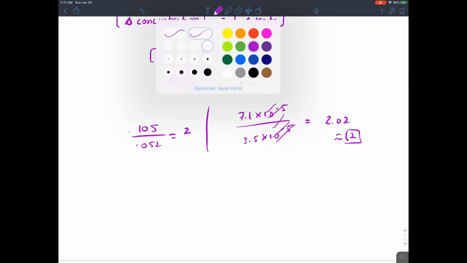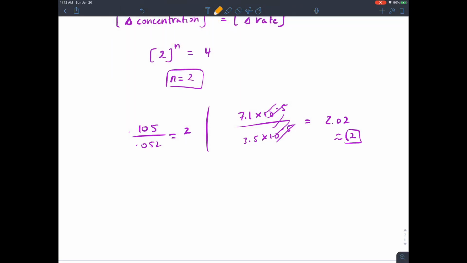So let's implement our little cheat equation from before. The change in concentration, what was it? It was a factor of 2. So 2 to the m power is equal to my change in rate, which was 2. What number does 2 need to be raised to give me 2? Well, m must have the order of 1 in this case.